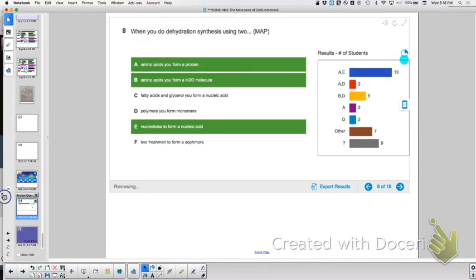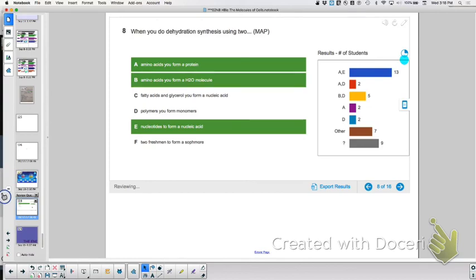We better discuss this because exactly 0 people got it right. Okay, so let's talk about it. When you do dehydration synthesis using 2 amino acids, you will form a protein. Yes. Amino acids build proteins. Amino acids, you will form a water molecule. Yes, because what is it called? Dehydration synthesis. So water is generated because you take an H and an OH.